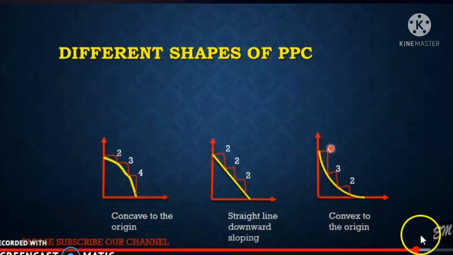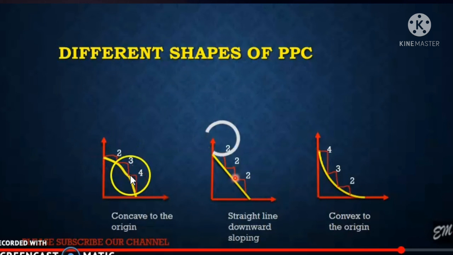Next we will see the trend. You can see the different combinations of the curves here. The first curve is increasing: 2, 3, 4, so it is concave to the origin.